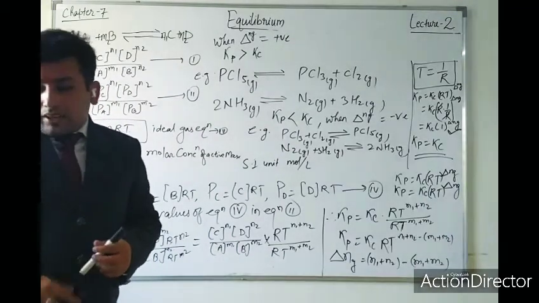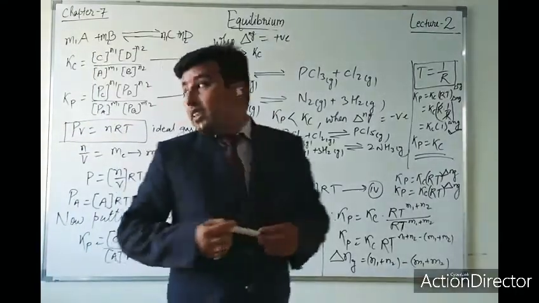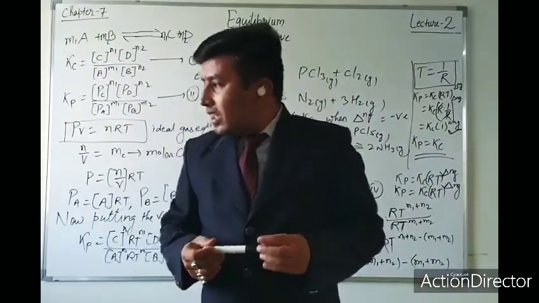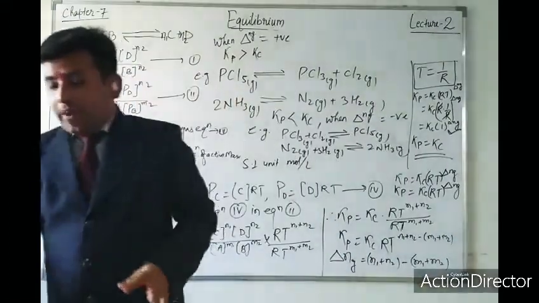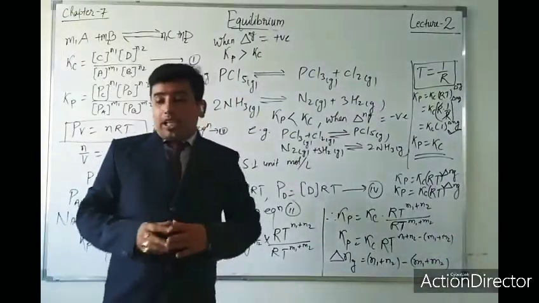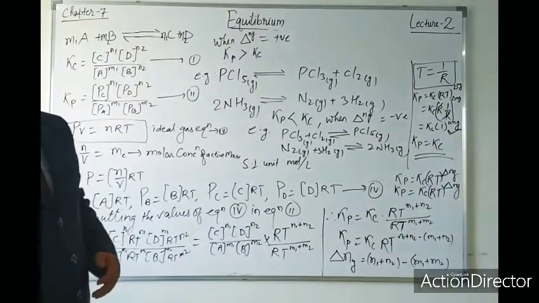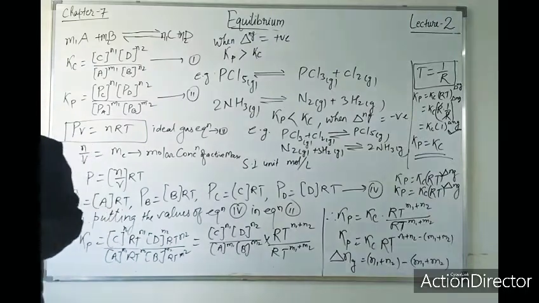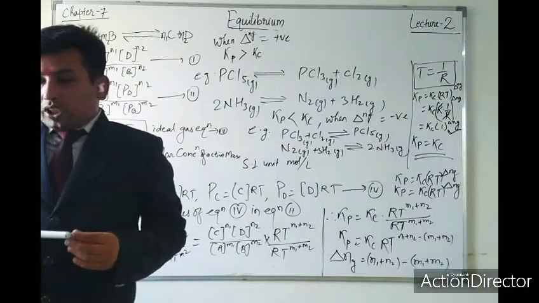Now the factors affecting the equilibrium constant. What are the factors which affect this equilibrium constant? First of all, the thing which affects the equilibrium constant is temperature, as I changed R into 1 by R. The value of the equilibrium constant changes with the change of temperature.